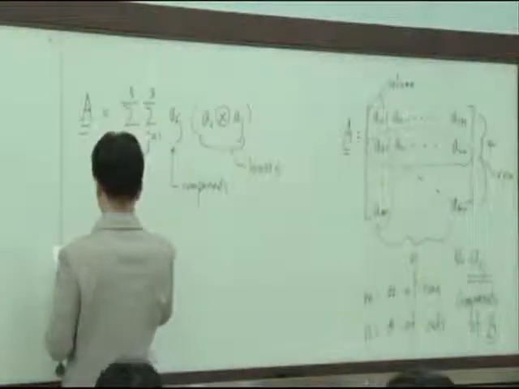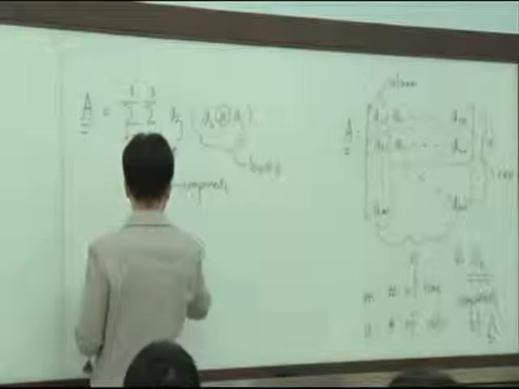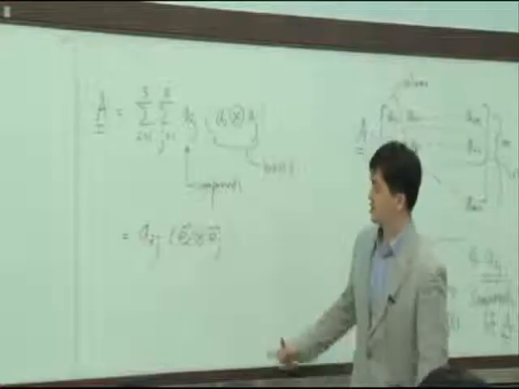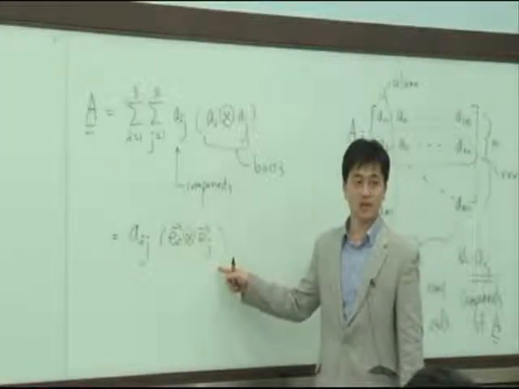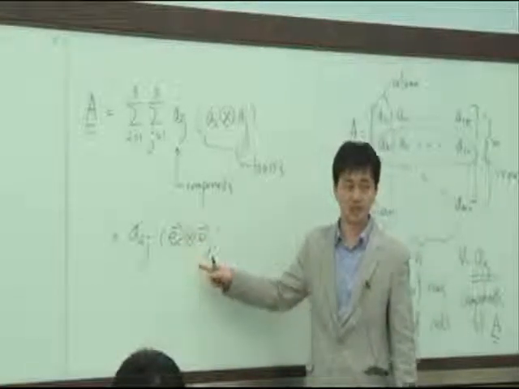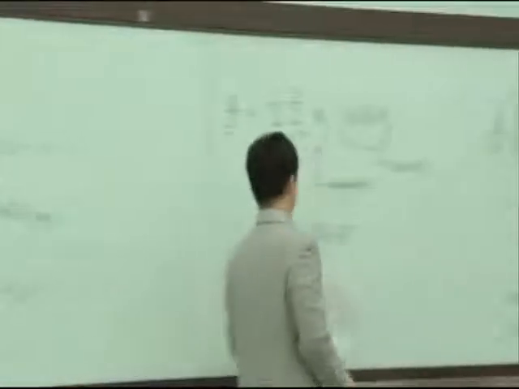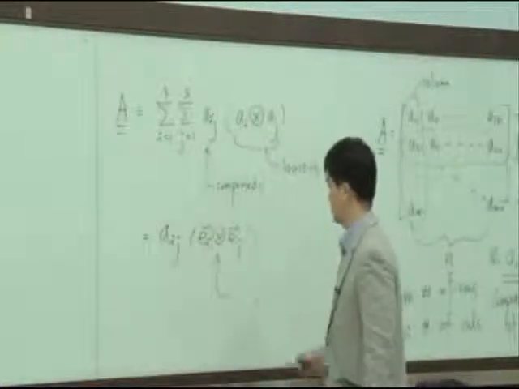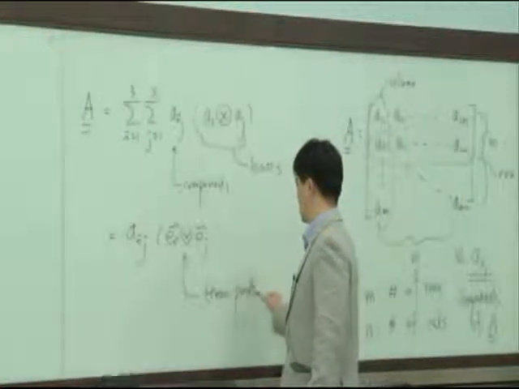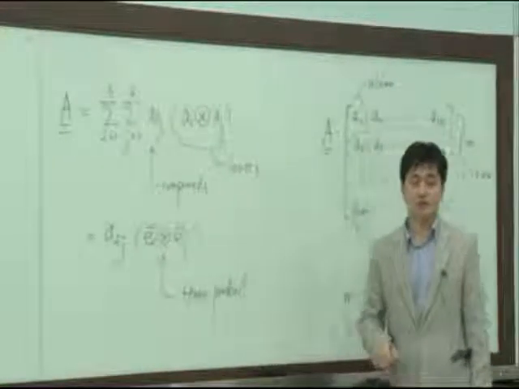Or by using the summation convention, Aij Ei Ej. This is the base. Actually, this is a base matrix. Here, this is a base vector, and this is a base matrix. The name of this is the tensor product. This is a special operator.